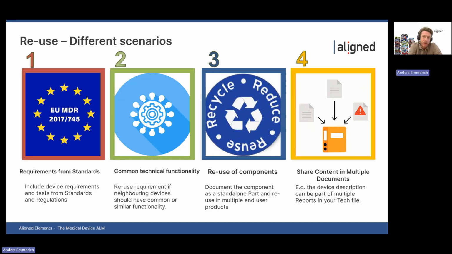And here we're going to look at what happens if we decompose the system into smaller parts, let's call them components, and document these components as standalone units, and then start pulling multiple units together to build our end product as such. We're going to look at a little example of that later on and see how we can reduce the documentation in that case as well.